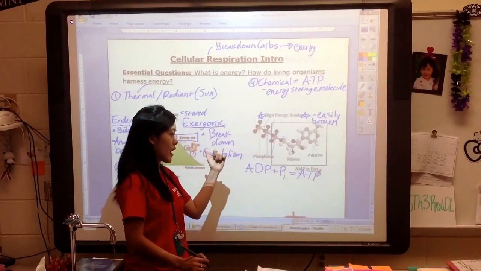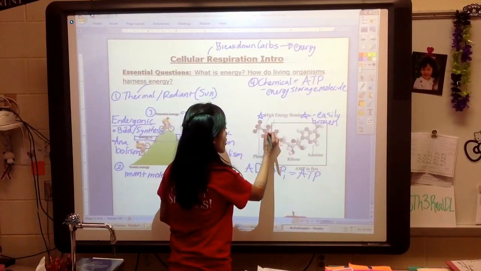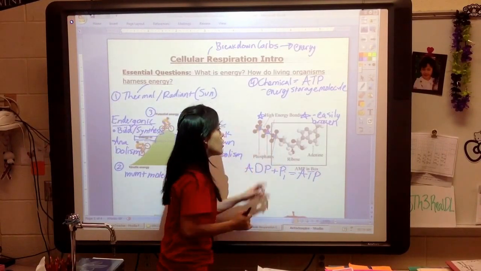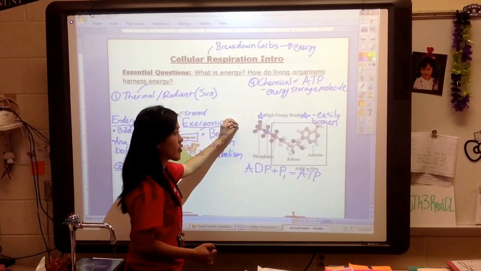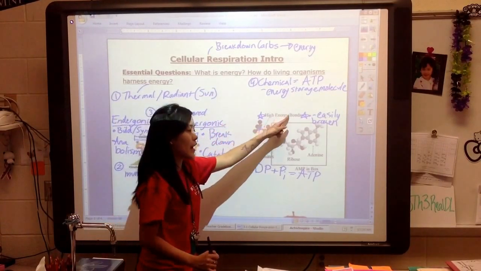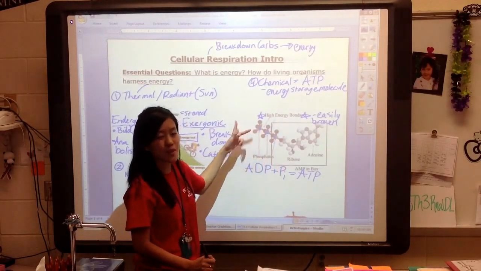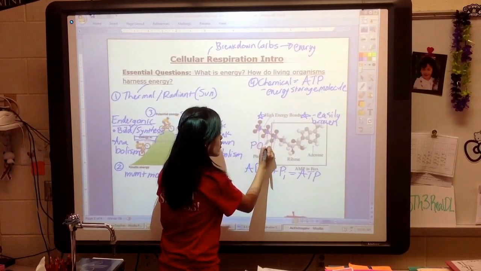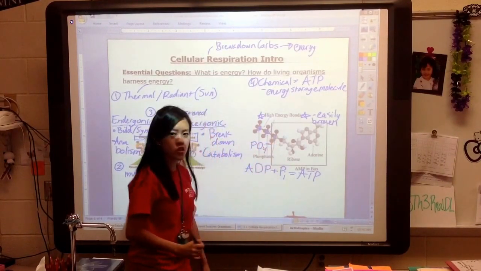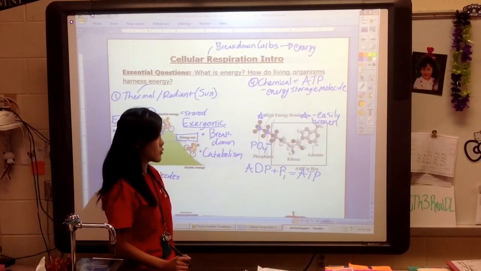In the reverse reaction, ATP, when we want to release energy, here are our 3 phosphate groups, we can actually break off that 3rd phosphate group, and when we break off that 3rd phosphate group, that high energy bond will release energy. Phosphate groups, PO4, remember, are charged, and that charge is another reason for that energy being able to be released.